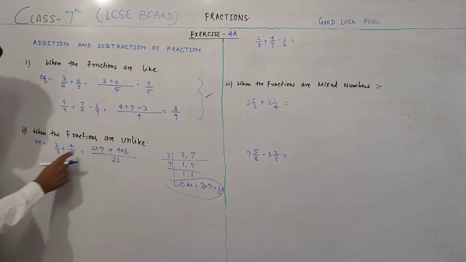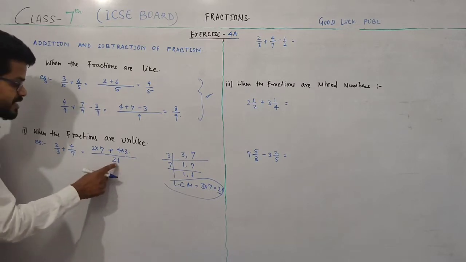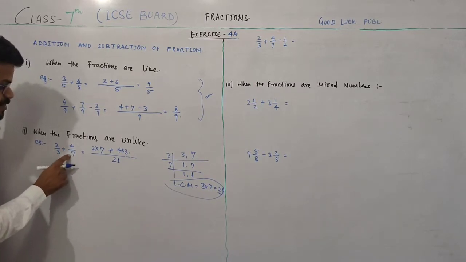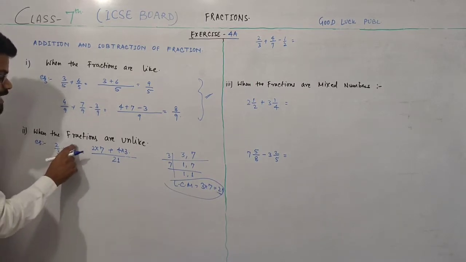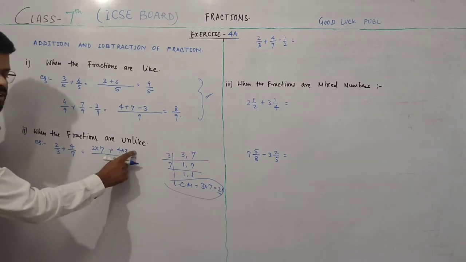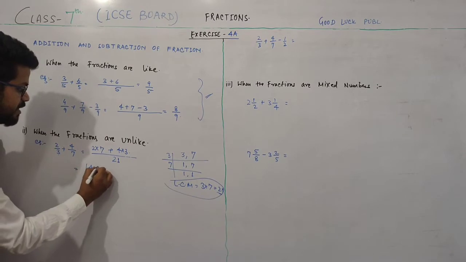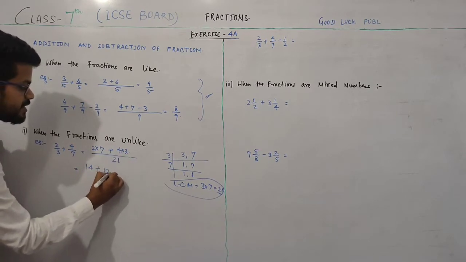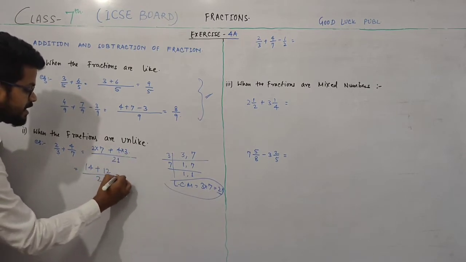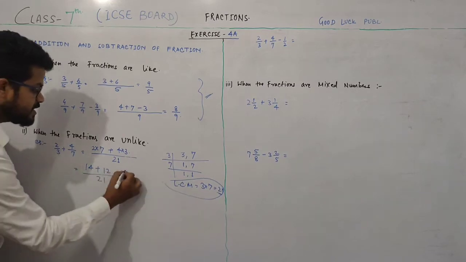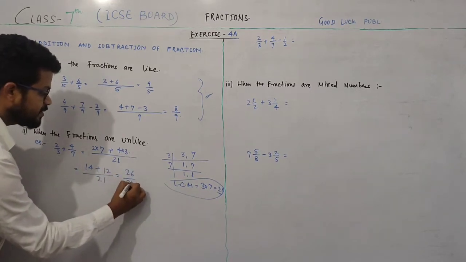So 2 into 7 plus, again 21 is divided by 7, so 7 threes are 21, and I write 4 into 3. So 7 into 2 is 14 plus 4 into 3 is 12, divided by 21. After addition this is 26 by 21.